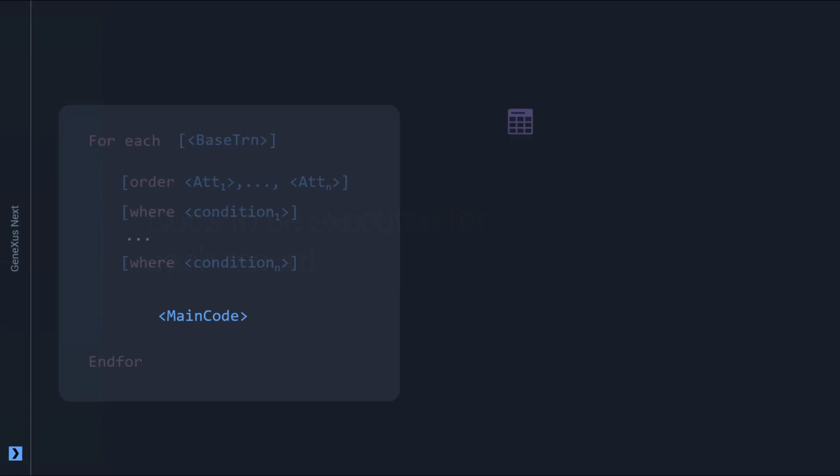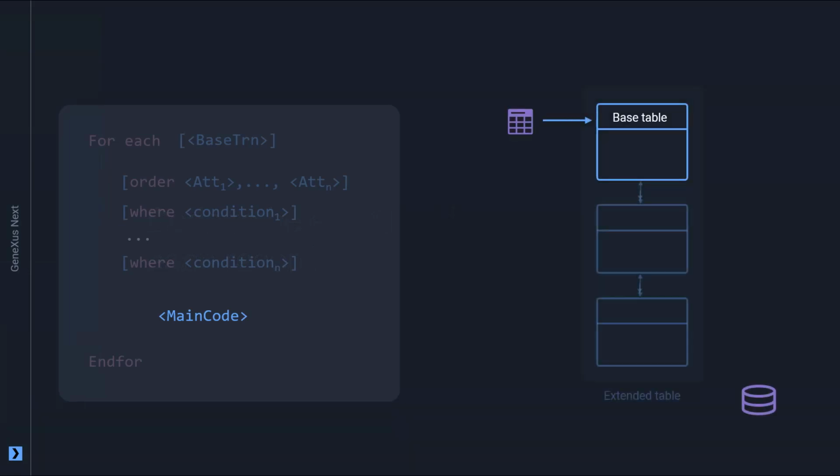Once the base table for the for each command and its extended table are determined, in the main code we write the commands that we want to be executed, one after another, to perform, step by step, the required operations on the current record of the base table and its associated records from the extended table. This code will be repeated on each iterated record.